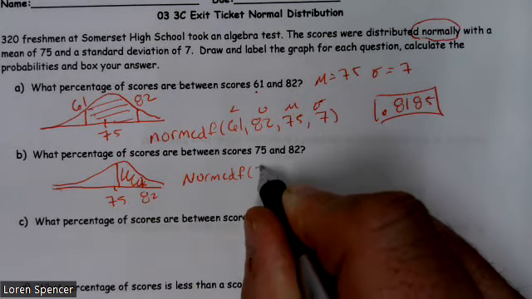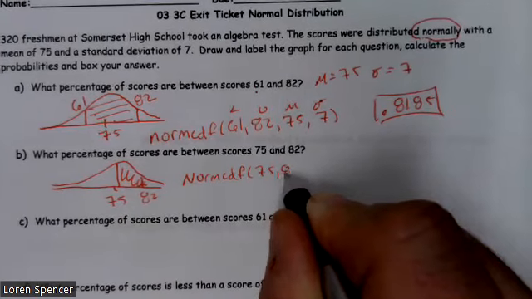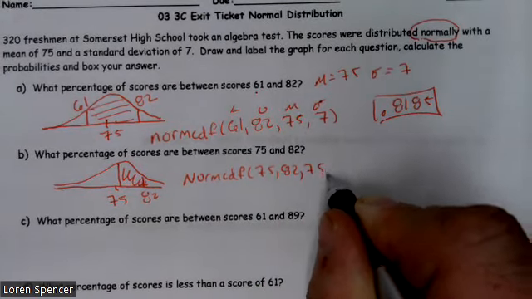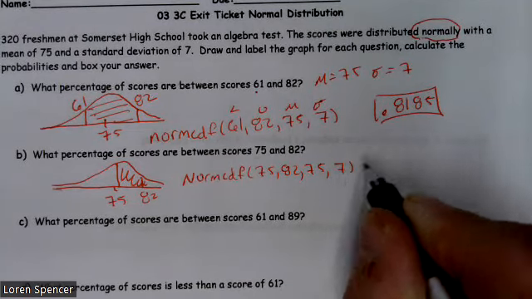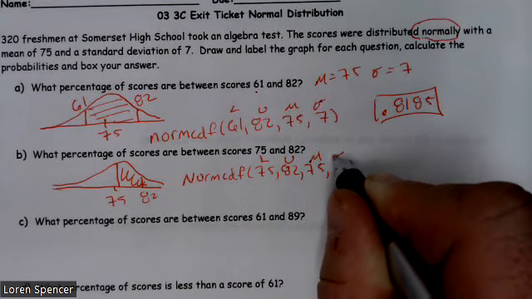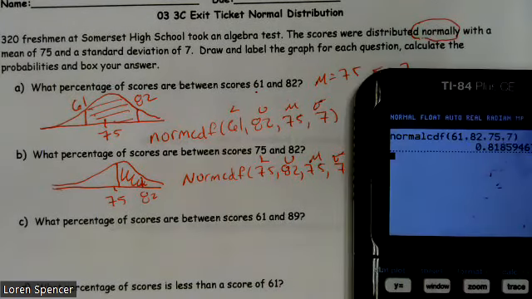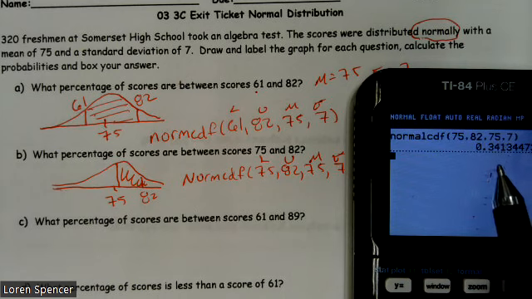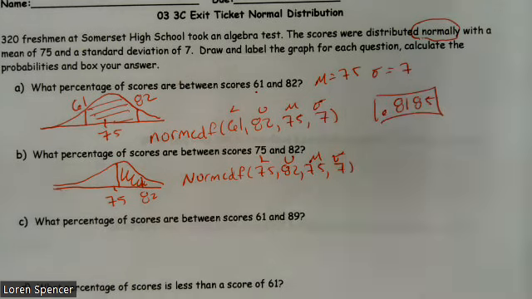Our lower bound of our shading was 75, our upper bound was 82, our mean happened to be 75, and our standard deviation earlier was 7. So lower, upper, mean, standard deviation. Second vars, normal CDF, 75, 82. And the 75 and 7 is already there. So 0.3413.